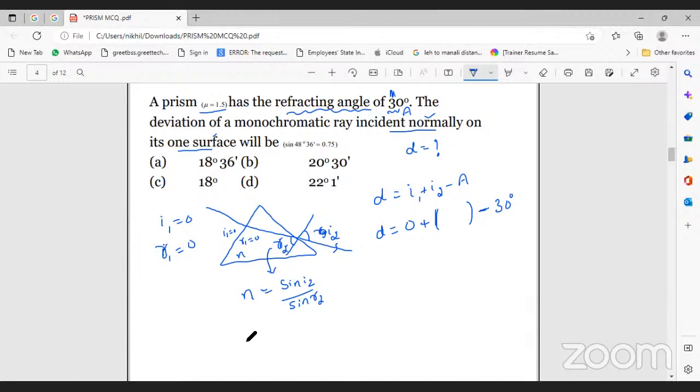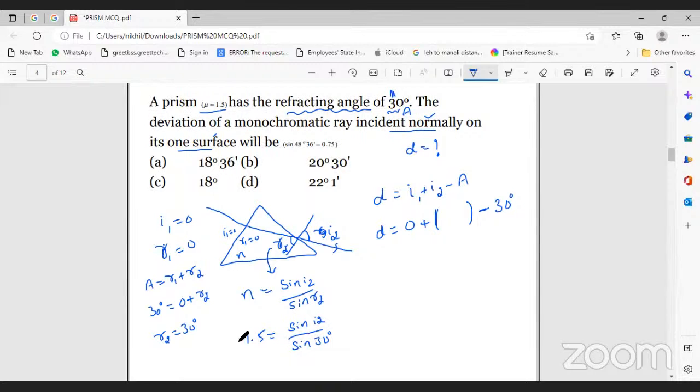The n value given is 1.5. What is R2? You know that A equals R1 plus R2. A is 30 degrees and R1 is 0, so R2 is 30 degrees.